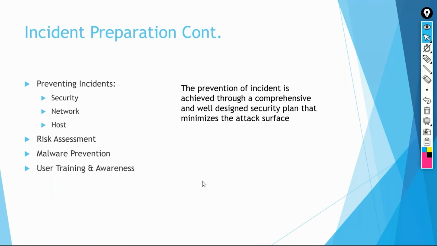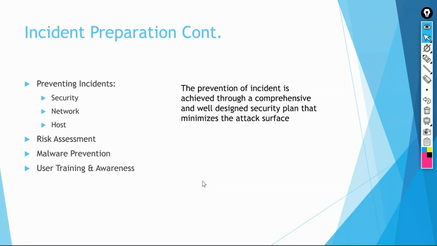So in the BCP phase, after we complete the business impact assessment, we conduct a risk assessment where we identify all the risks which can create a challenge to the organization to achieve their vision and mission. We need to identify all the risks which can impact the functionality of the organization.